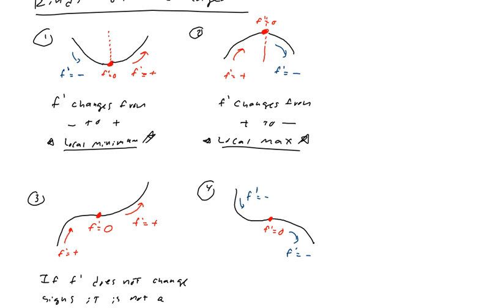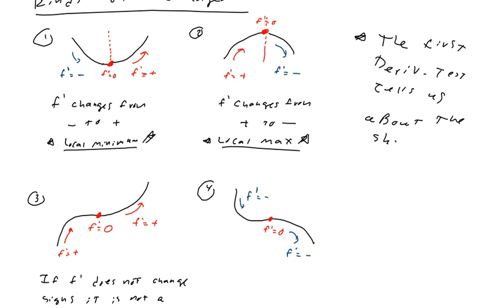What shape does the graph have? That's what the first derivative test tells us: the shape of the graph.